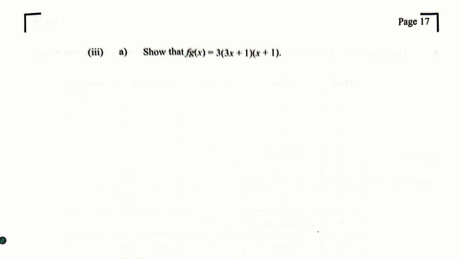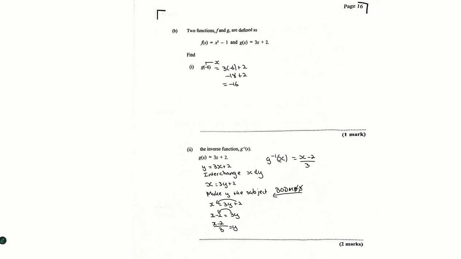Show that fg of x is equal to 3 by 3x plus 1 by x plus 1. Now, we know that if we see more than one function together, it's a composite function, right? So let's just take a picture of this to put it on the other page so that we would not have a problem. We'll have to go back and forth, right?